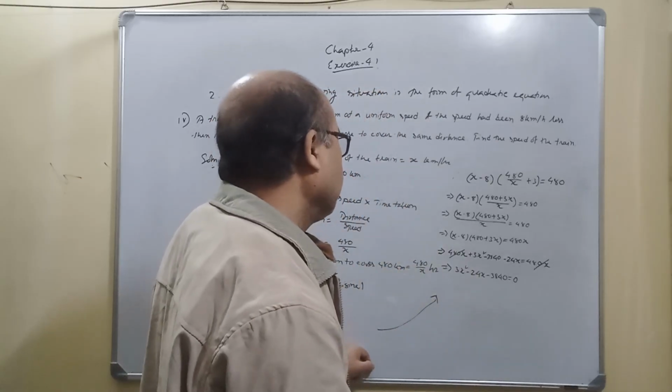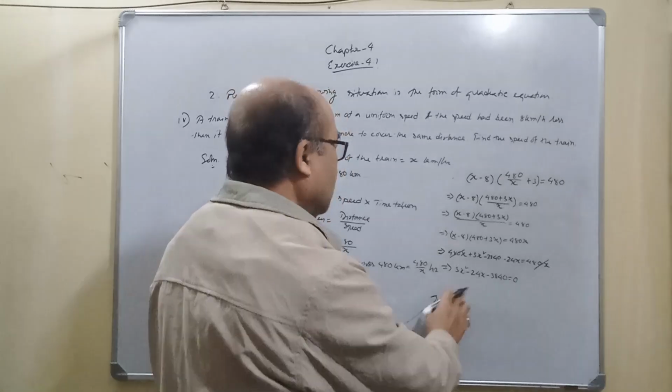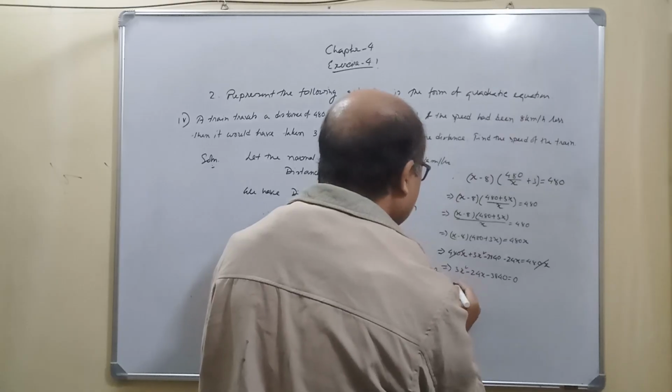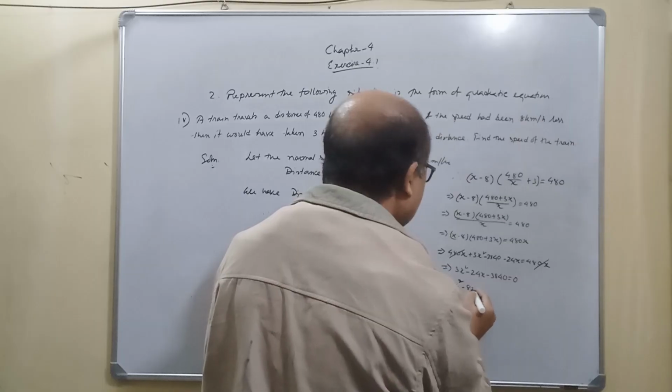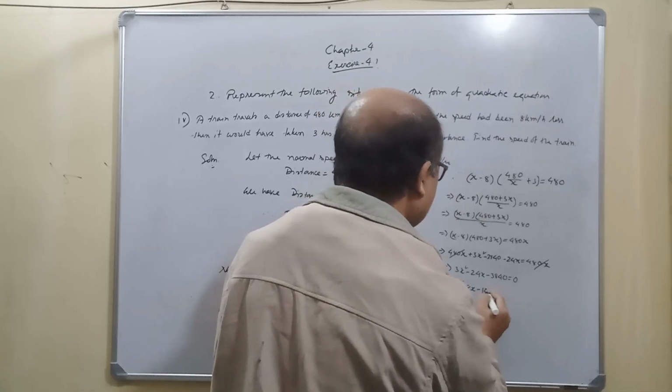Now 3 is the common factor, so we can simplify it further. Taking 3 out, we divide by 3. We get x square minus 8x minus 1280 equal to 0.